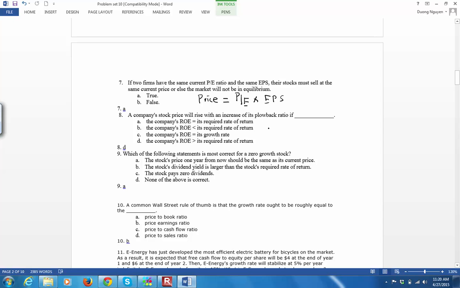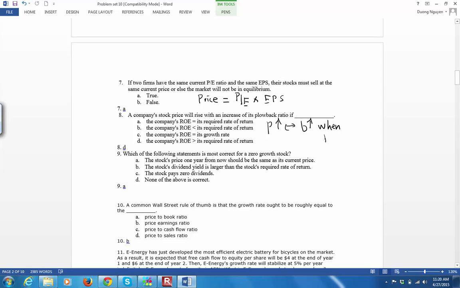Number 8, the stock price will increase when the plowback ratio increases only when the company has growth opportunities. If the company has growth opportunities, it should reinvest or increase the plowback ratio, so the price will be higher.